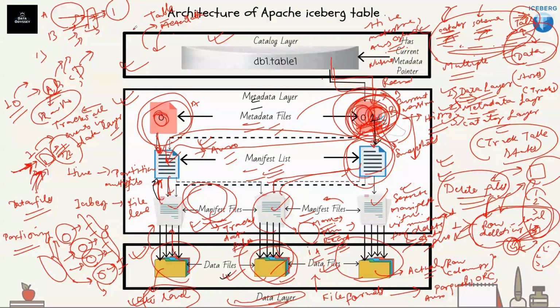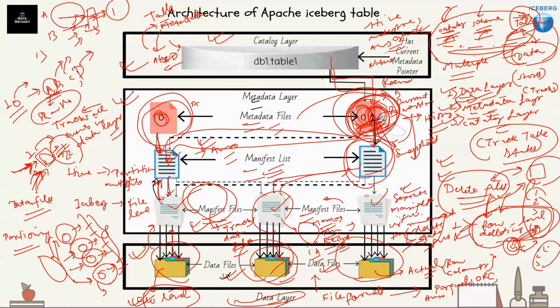All right, so Iceberg maintains the most recent metadata file, or has the current metadata pointer. And this catalog is what helps us maintain the ACID properties, like isolation and consistency.